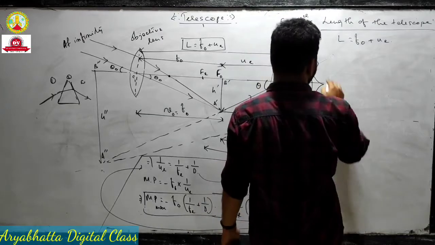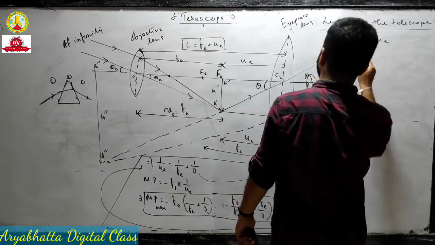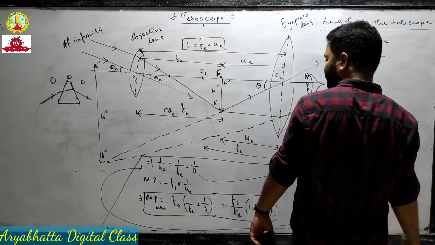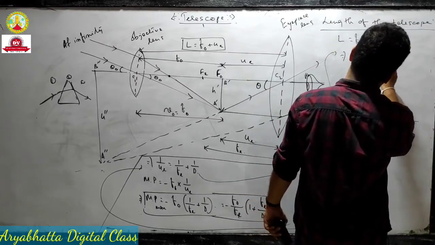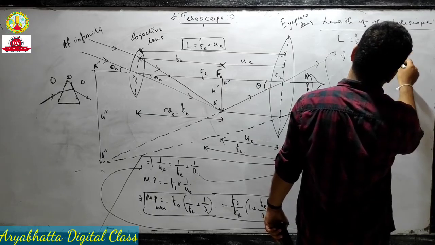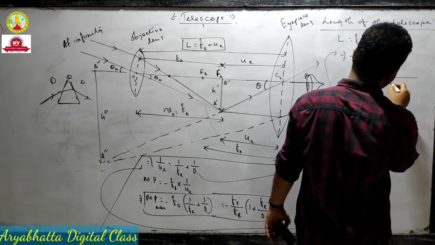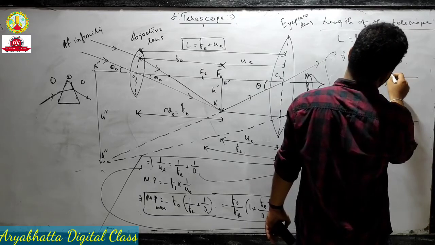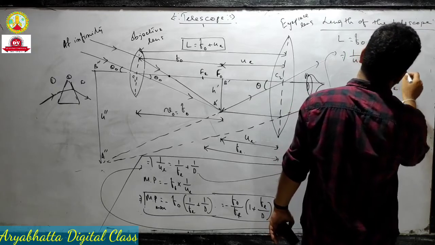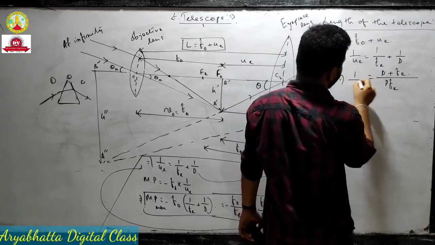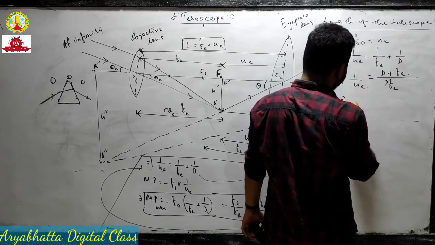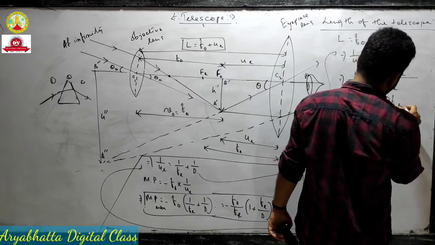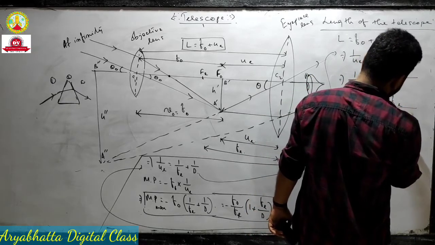Bring this formula here: 1 by UE, 1 by Fe plus 1 by D. So what will be the LCM? LCM will be D into Fe. So it will be D plus Fe is equal to 1 by UE. So UE will be D Fe by D plus Fe.